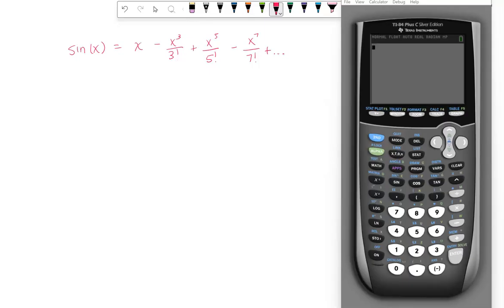minus x to the 7th power over 7 factorial, going on forever. And we could write that as a summation. So as a summation, this is negative 1 to the power of n, actually I'm going to put this term on top, so times x to the 2n plus 1, because again, those are all of our odd numbers, so all of our exponents are odd numbers, over 2n plus 1 factorial.